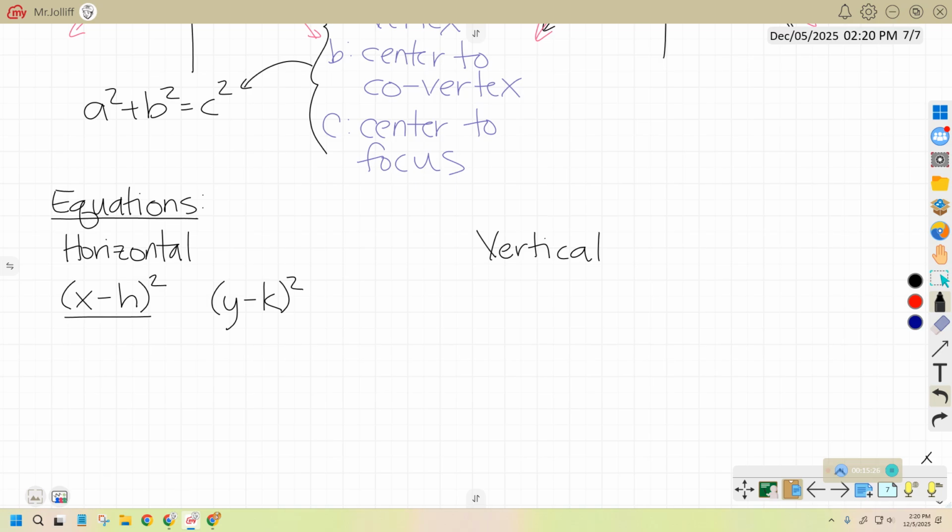Fractions. Good. A squared b squared equals what? 1. Good. The only difference between an ellipse and a hyperbola is that it's not addition in between them. It is subtraction. Ellipses are addition. Hyperbolas are subtraction. Their equations are otherwise identical.